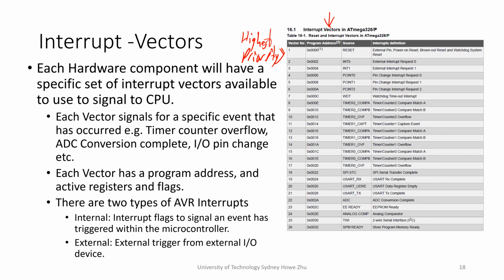The reset button will always reset the system. Likewise, if a timer 2 compare match A happened, then a timer 2 B match would not happen, because if you're currently in the interrupt function for that, it will never allow something of lower priority to interrupt over a higher priority.